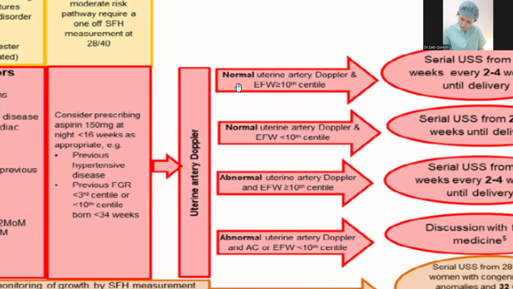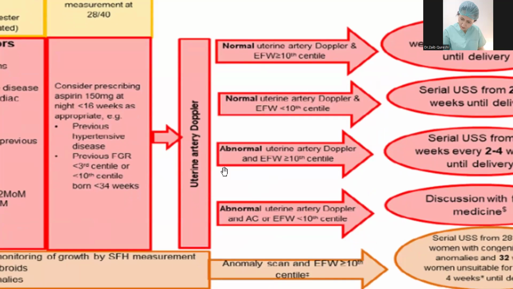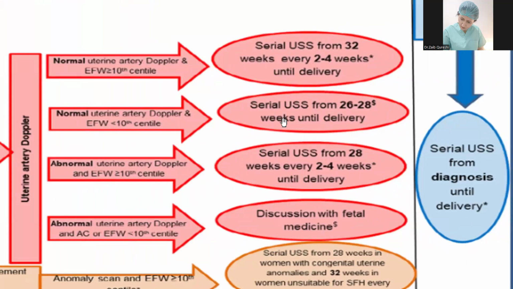Okay, so we have got the first set of women, the second set of women, the third set of women in which Doppler is abnormal, but baby is normal. Baby's weight is okay, more than or equal to 10th centile. Then the fourth category is in which abnormal uterine artery Doppler and fetal weight is also less than 10th centile. So how are you going to do?